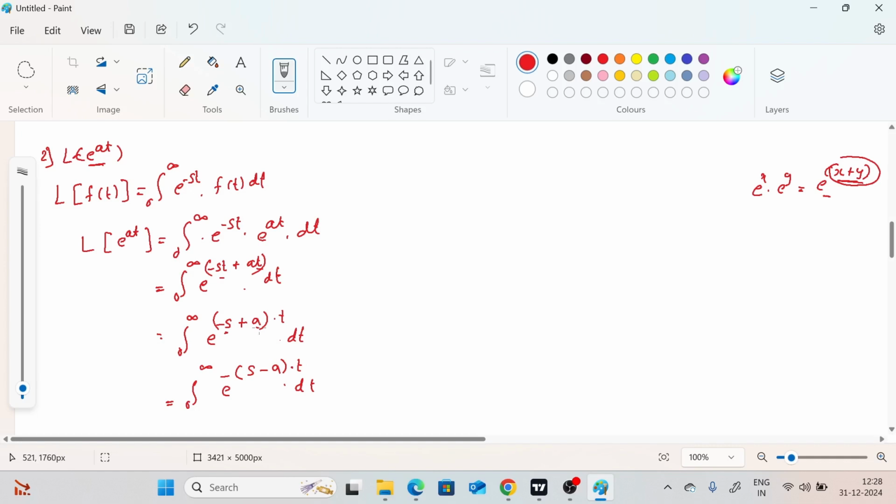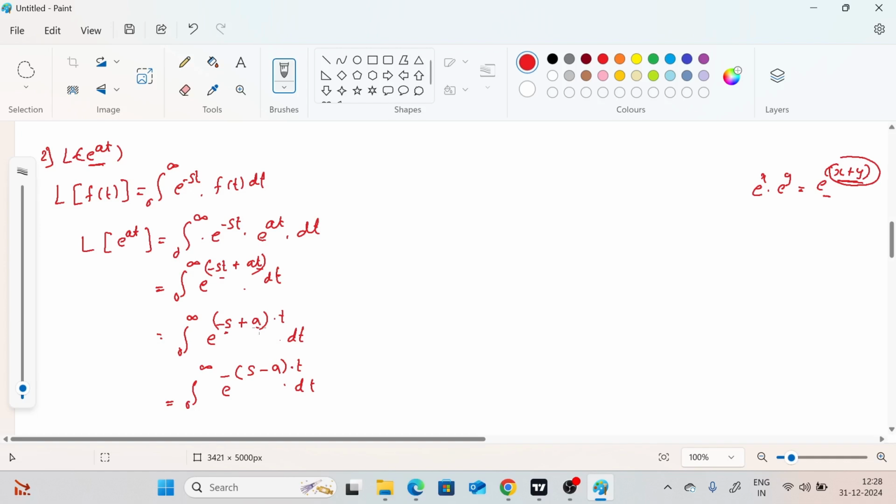Now, in the last derivation, we derived the value of Laplace of 1 and we used the formula for integration of exponential values.